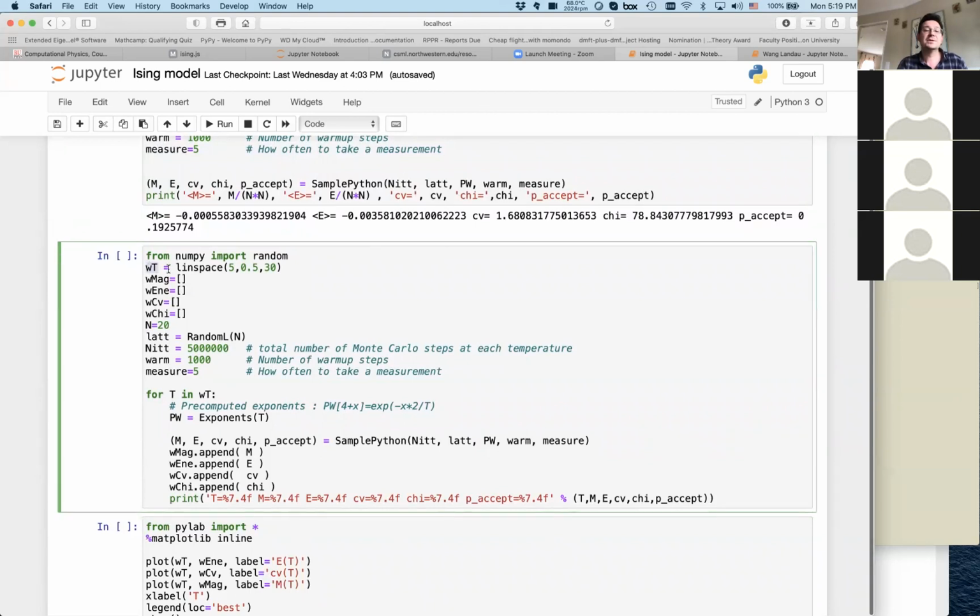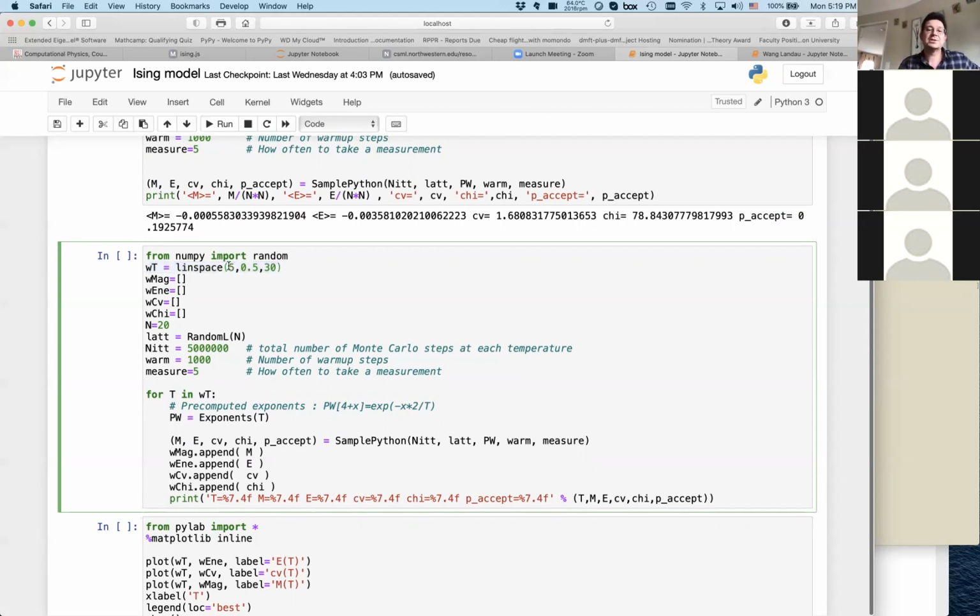Well, for this we are going to create some mesh of temperatures, and the idea is to start first with very high temperature, way above the transition temperature, and then slowly change the temperature through the transition temperature.